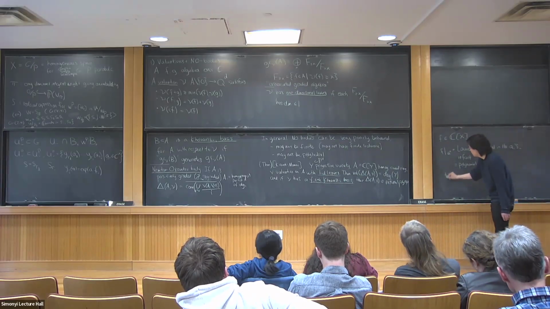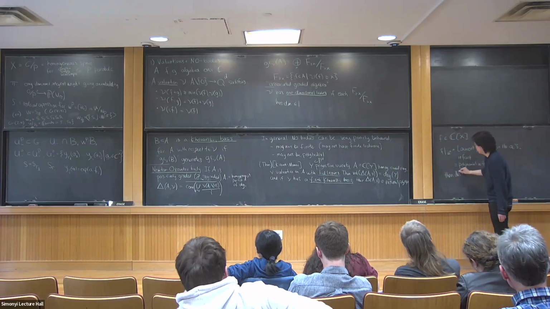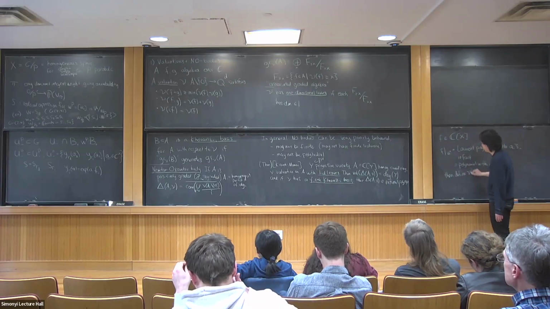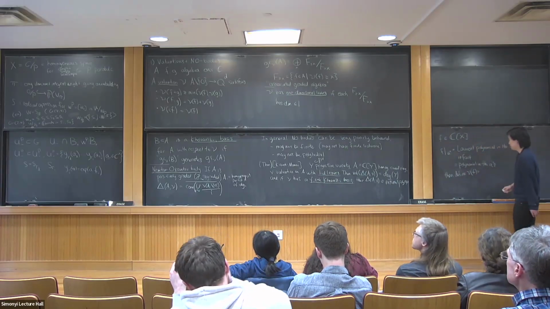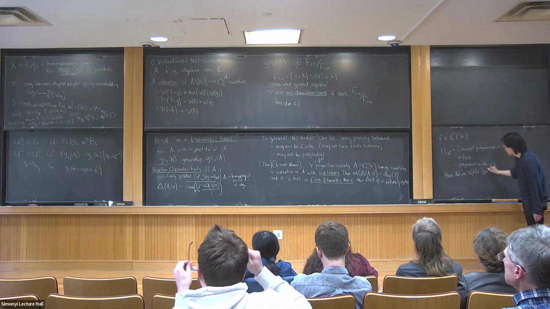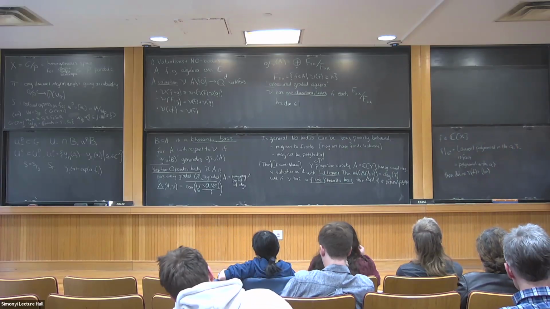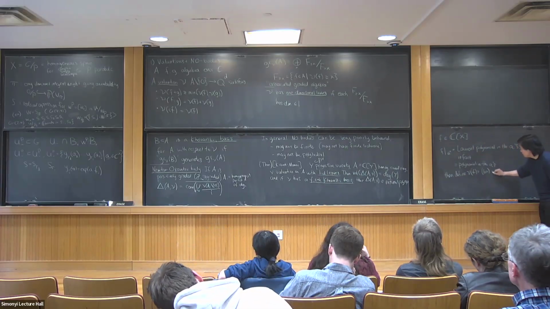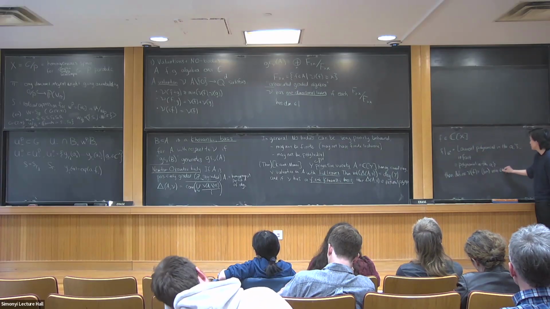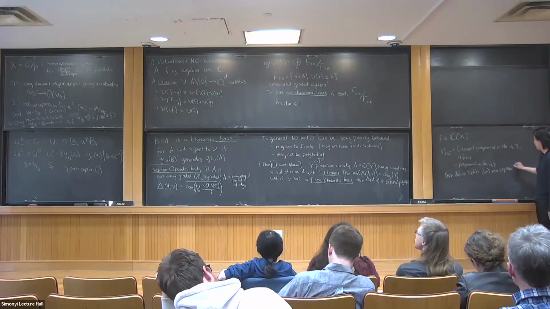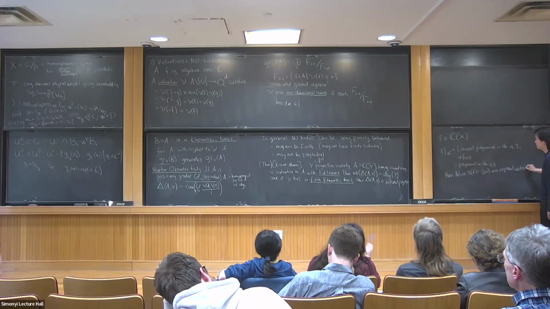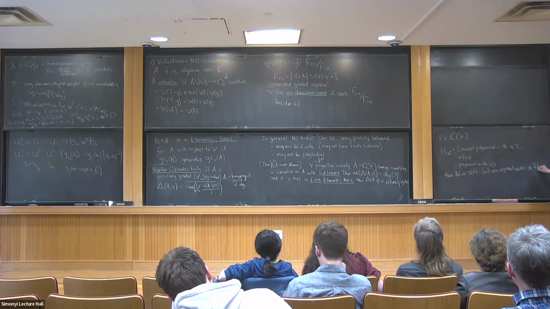So then define the valuation of F to be, in this case, for example, you take the lexicographic order, or degree reverse lexicographic, or any kind of thing. Then the exponent vector of this restriction.